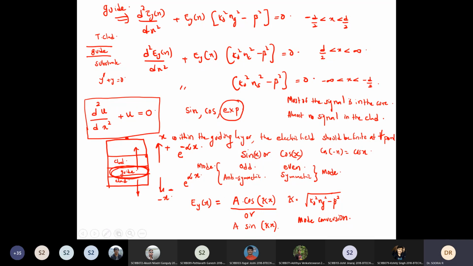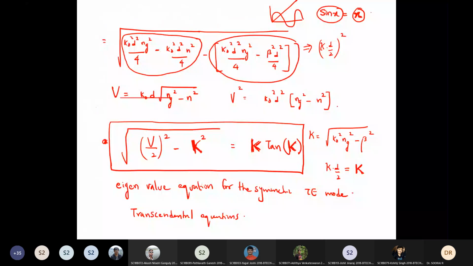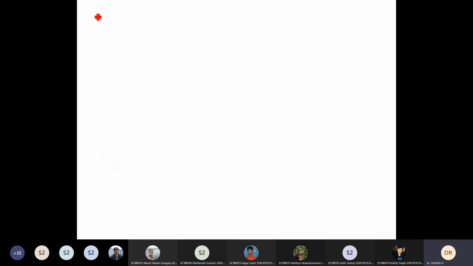If you do the same exercise, but instead of A cos kappa x you substitute A sin kappa x, then the eigenvalue equation you get is of this form.